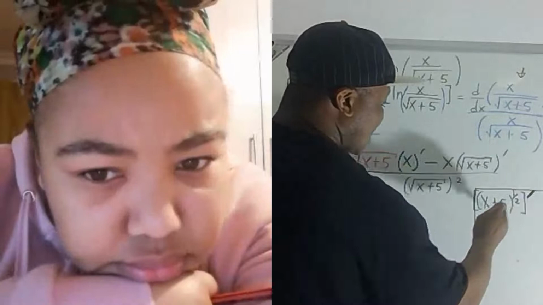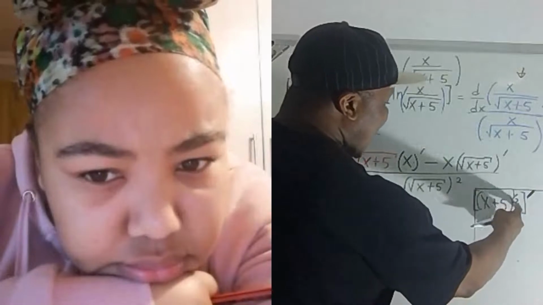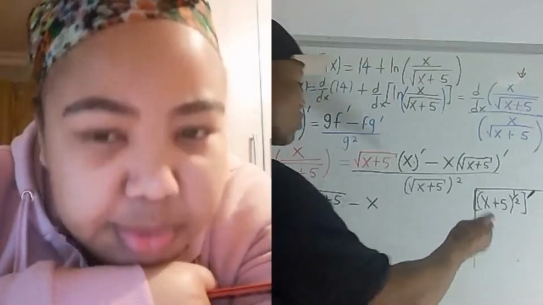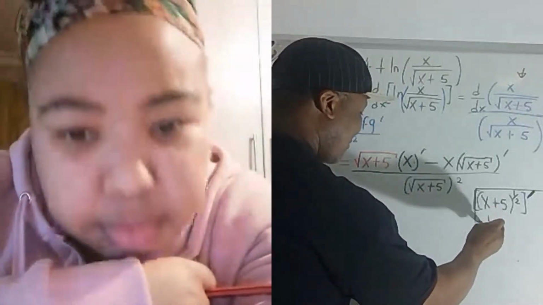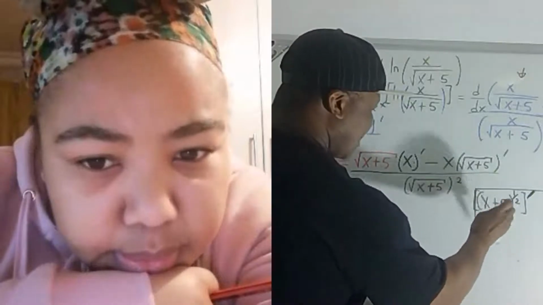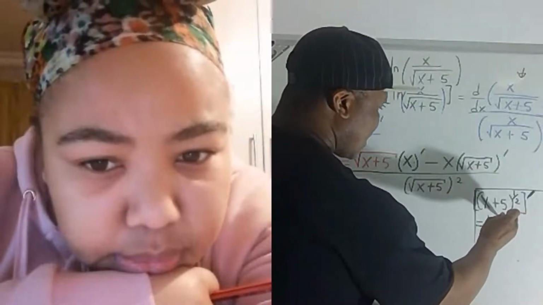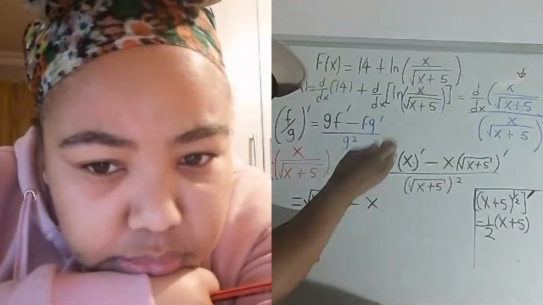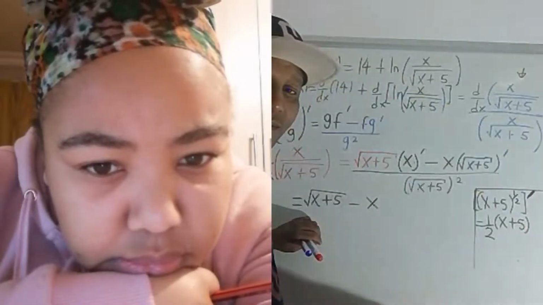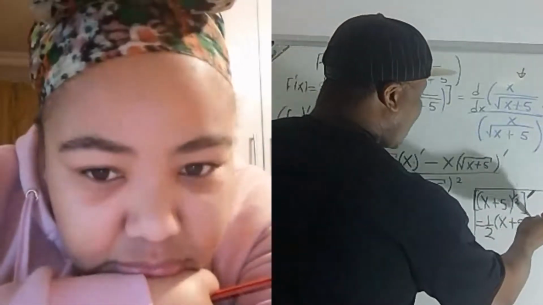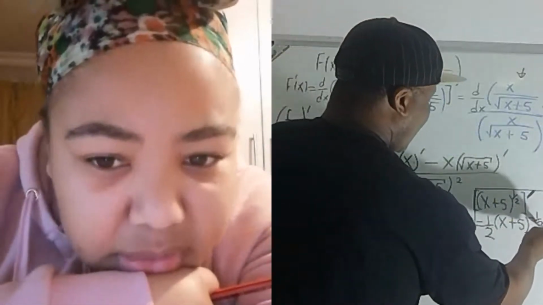So when I differentiate, what happens? This half is going to go to the front. It will become a half times the bracket, drop it how it is, x plus 5, and take the power minus 1. So a half minus 1 equals negative half.